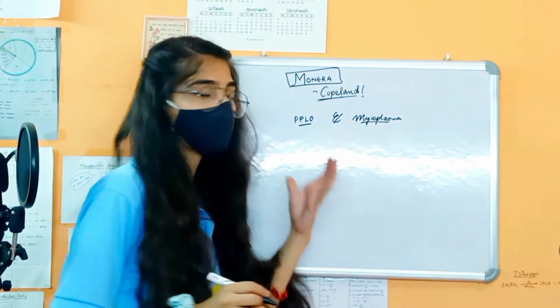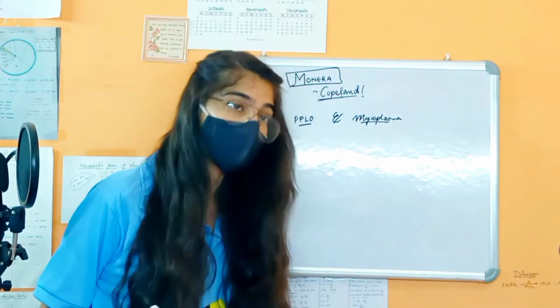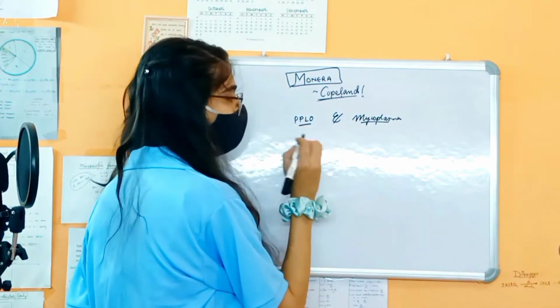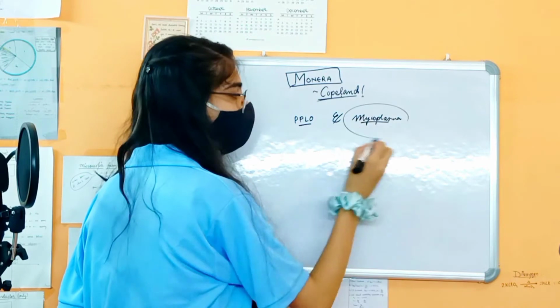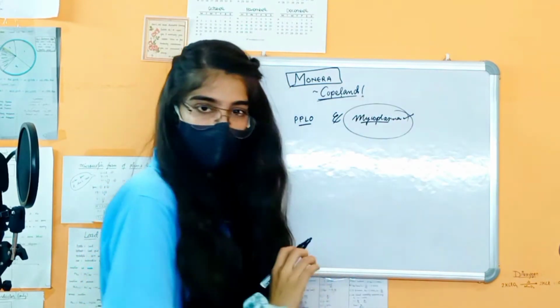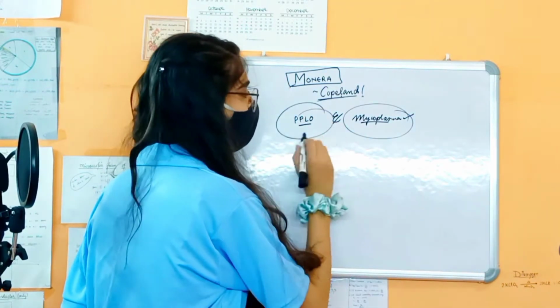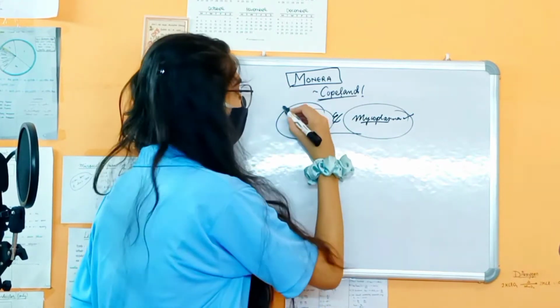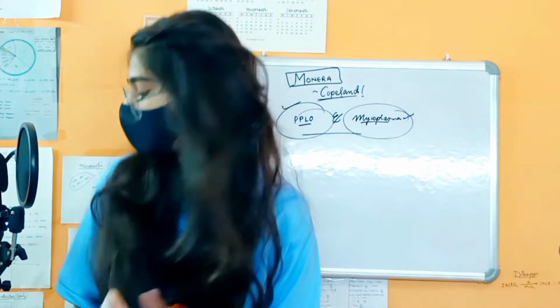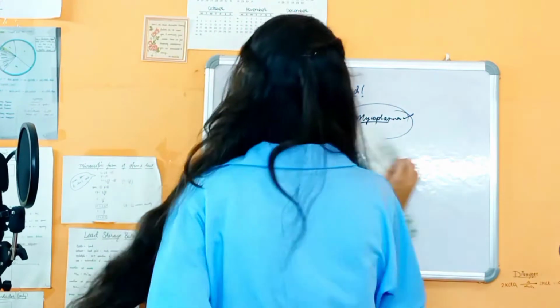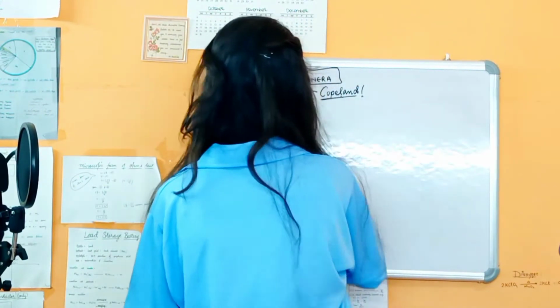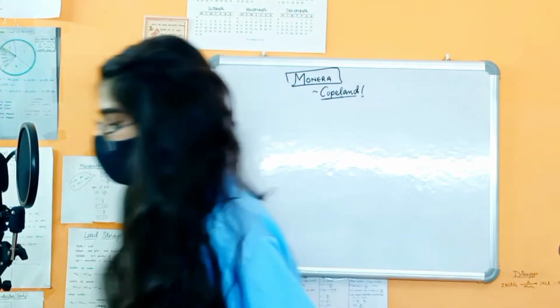The question can arise, what are the smallest organisms in the world? If only mycoplasma is present in the options, you're going to take mycoplasma. If PPLO and mycoplasma both are present, you're going to take PPLO. Now let's study the shapes of bacteria.